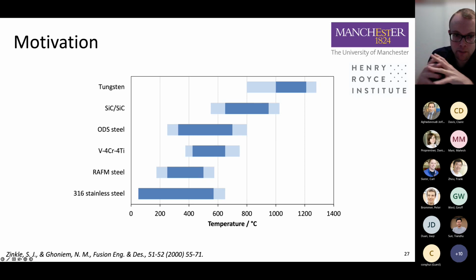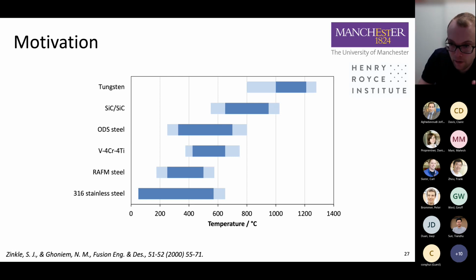The problem is that making a lot of these materials, for instance oxide dispersion strengthened steels, in large quantities is really difficult, and we've been trying for a long time. It might not just be the problem with the ODS steels. In other cases, there are other problems that mean none of these alloys is quite perfect when it comes to fusion applications, and they might just not work. They might work, but we might not be able to make enough tonnage of them to even implement them in a fusion reactor.